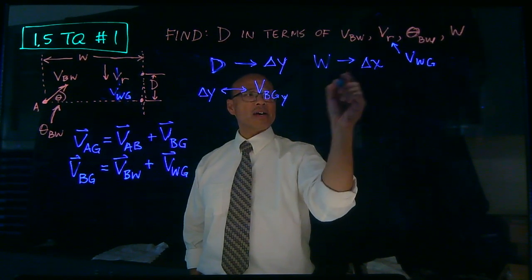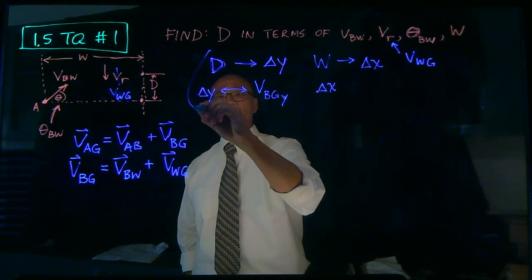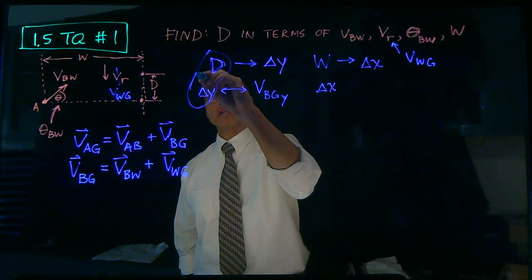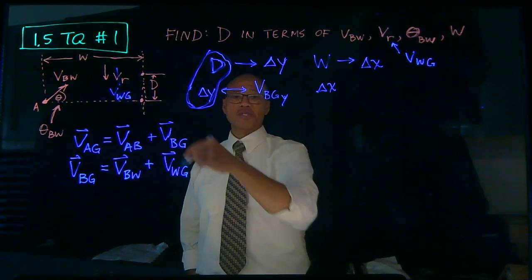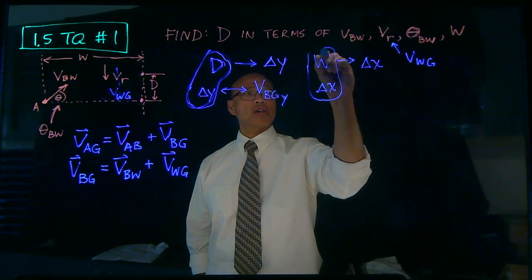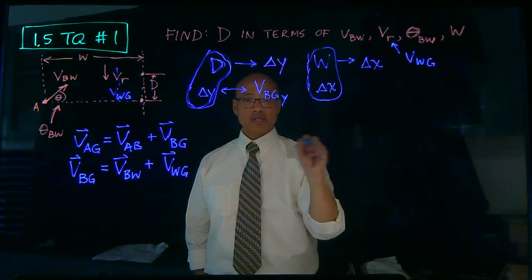On this one, that delta x is really W. So those are talking about the same physical quantity, a change in my vertical position, and this is talking about the same thing, a change in my horizontal position.